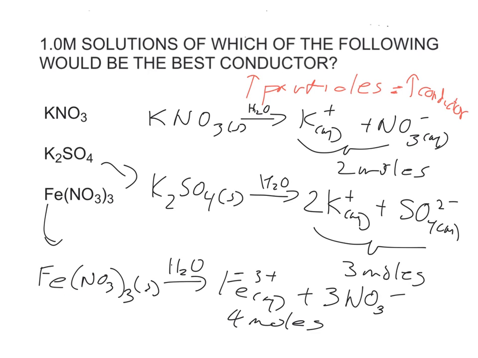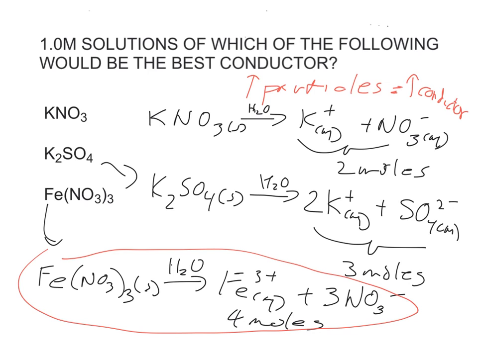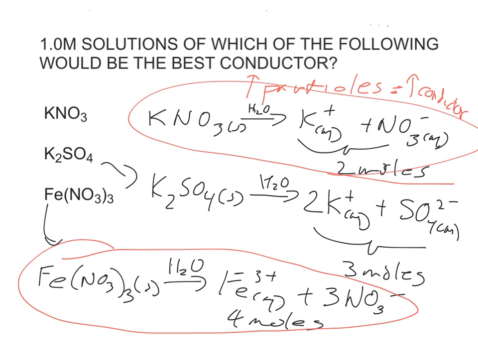For every 1 mole of this, I wind up with 4 moles of particles. So even though I'm starting with the same amount of each of these compounds, the number of particles is radically different, making this a much better conductor at 4 particles per mole than this. And that's the sort of thing you'll be addressing directly in lab.